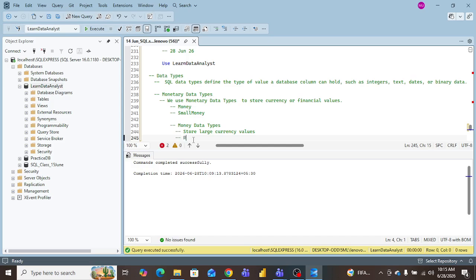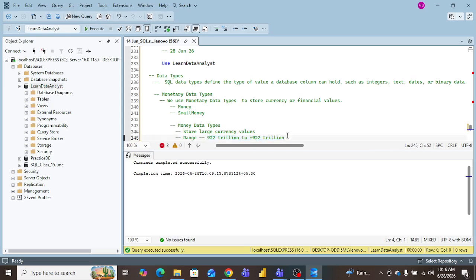The range is plus or minus 922 trillion. What is the meaning here? It is 922 trillion, so this is the range in which we have to use the data type.